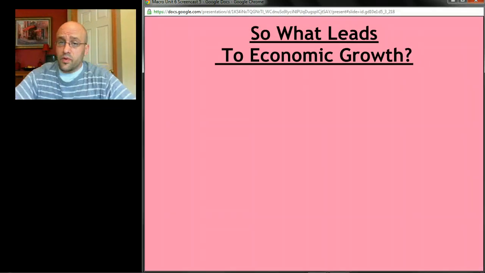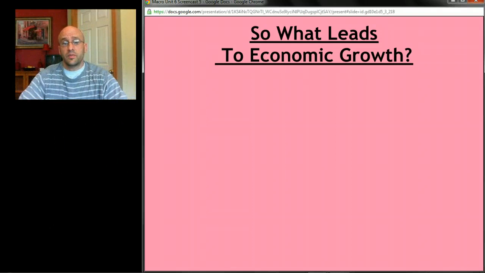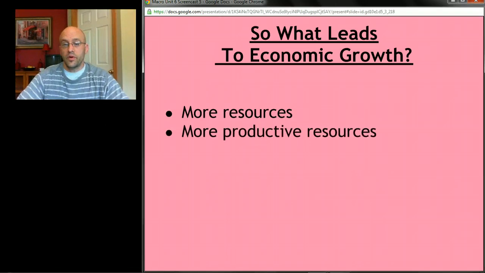So if you remember, the things that pushed that production possibility curve out and to the right were things that increased our productive capacity. Things like more resources, finding more workers, more steel, more oil. Or finding more productive workers or more productive resources, sending our workers back to school, having higher productivity, the ability to produce more. Technological gains were something that pushed the production possibility curve out and to the right.